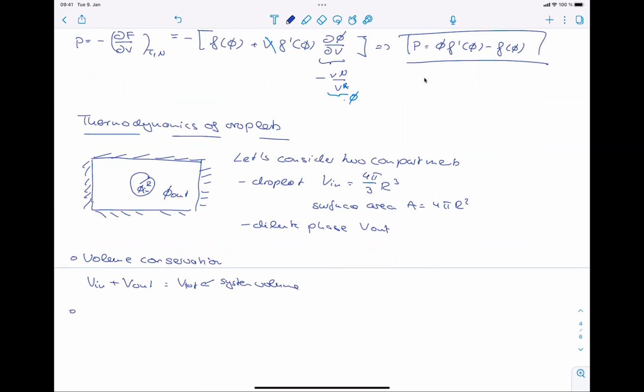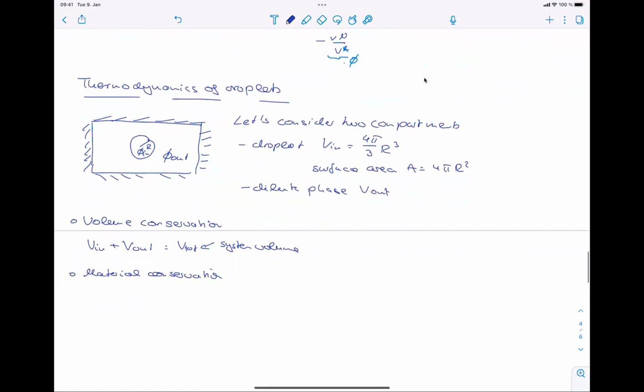And we also know that the amount of monomers has to stay the same. So we have another material conservation, which states that V in times the volume fraction phi in, plus the same for the rest, is bound to the total volume fraction of the droplet material.